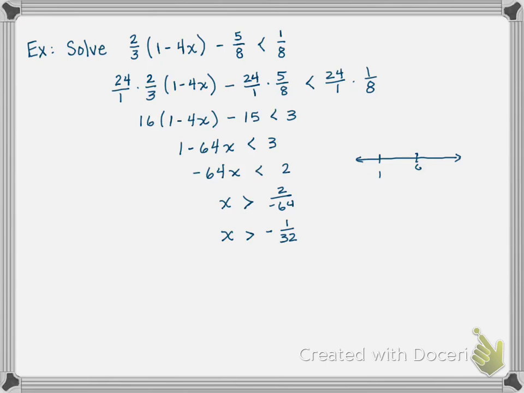And 1/32 is way closer to 0 than it is to 1, right? So I'd maybe do right here. And then your shading. So it doesn't have to be perfect. It just has to be around the correct place. Sorry, that's negative 1. And then in interval notation, the smallest element is negative 1 over 32, and then we go up to infinity.